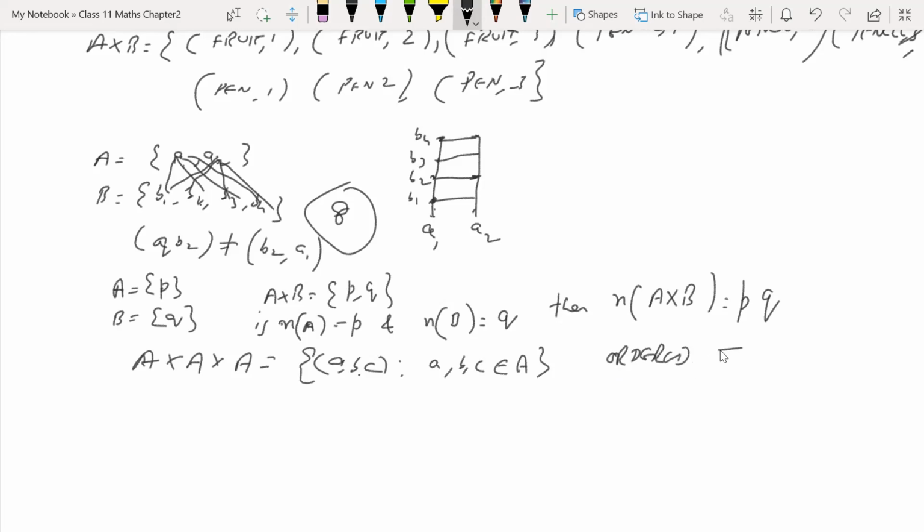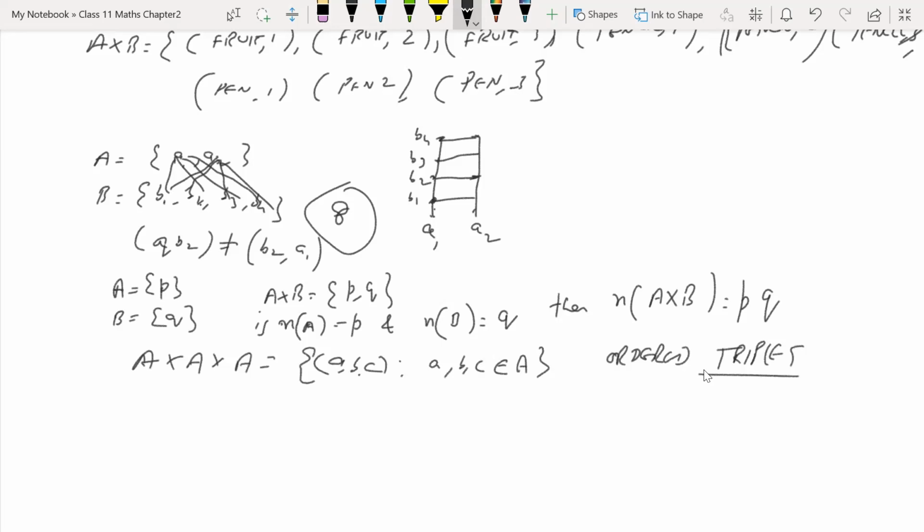Ordered triplet means A×A×A, where from the first A there is element a, from the second A there is element b, from the third A there is element c, and the Cartesian product of these becomes (a, b, c). If all of a, b, c belong to A, then it is called an ordered triplet. There are three elements in a triplet.